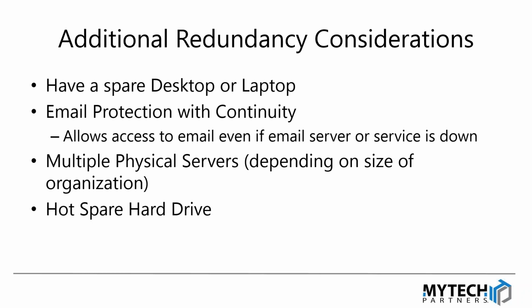Even if you're using Office 365 and your email's hosted, or if you have an on-premise Exchange server, your spam filter can oftentimes be that continuity piece, so that you can always make sure your staff has access to email in the event of an outage.